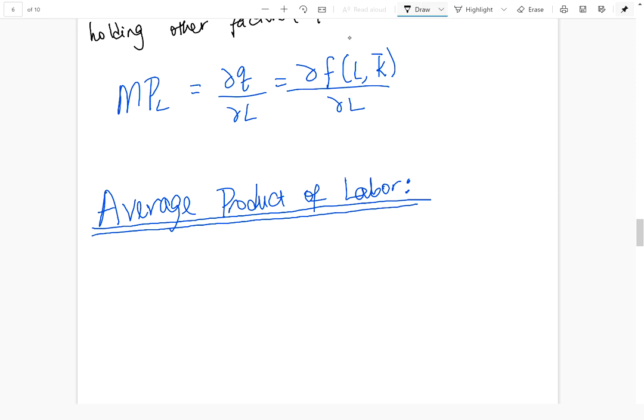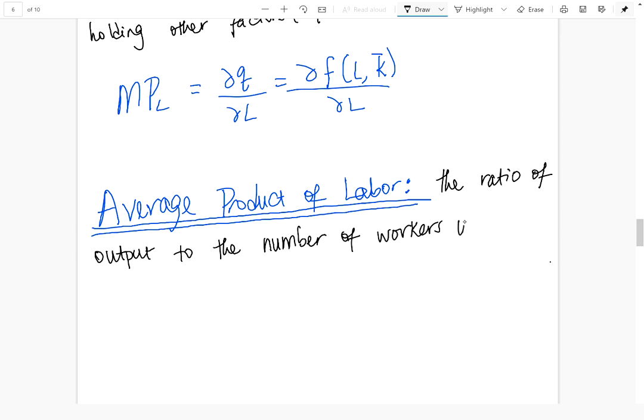All right, so average product of labor here, right? Average. So if everyone is counted equally, basically, how many would we produce? How many would each person produce? So this is the ratio of output to the number of workers used to produce that output.